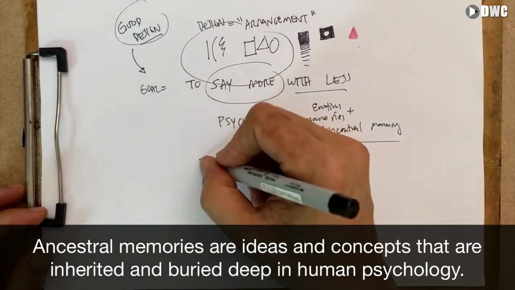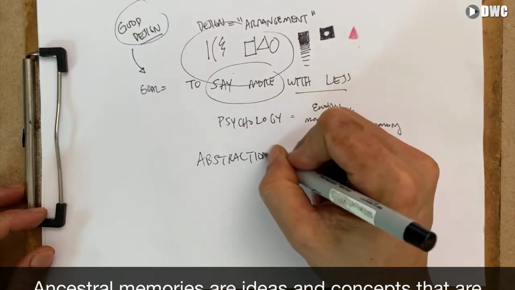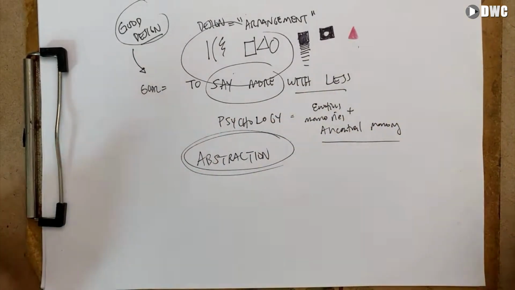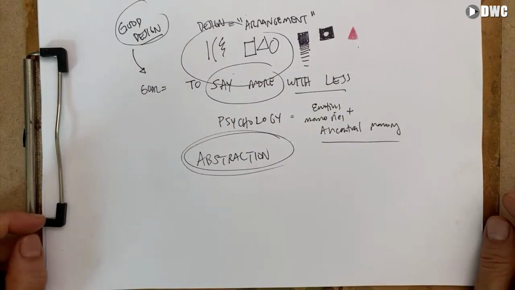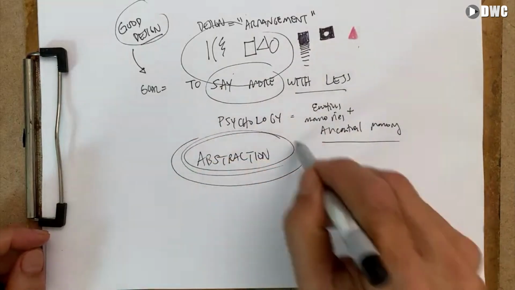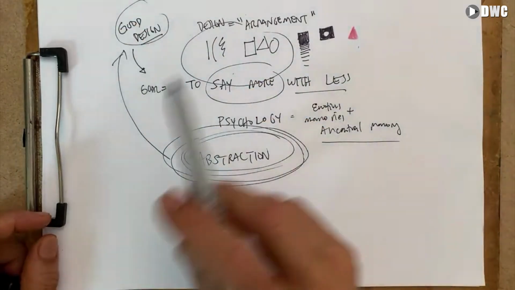So we're going to focus on using abstract shape, and that's the key word here: abstraction. If I could summarize today's lesson into one word, it would be abstraction. For me, the whole world of composition opened up.